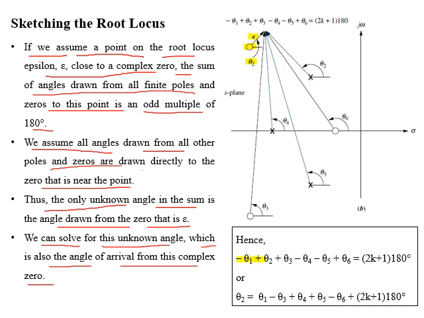The mathematical form of angles for the given system in the figure will be the sum of angles of zeros minus the sum of angles of poles equal to odd multiples of 180 degrees. Or if we solve it for the angle of arrival, which is theta 2 in this case, it will be equal to theta 1 minus theta 3 plus theta 4 plus theta 5.